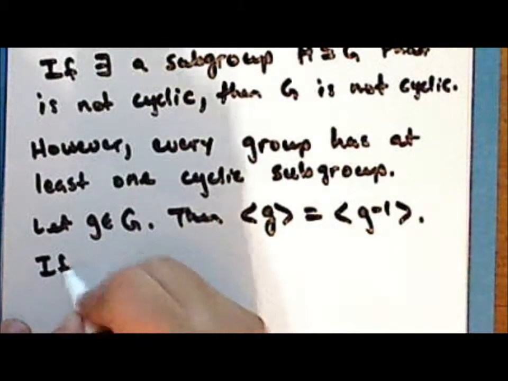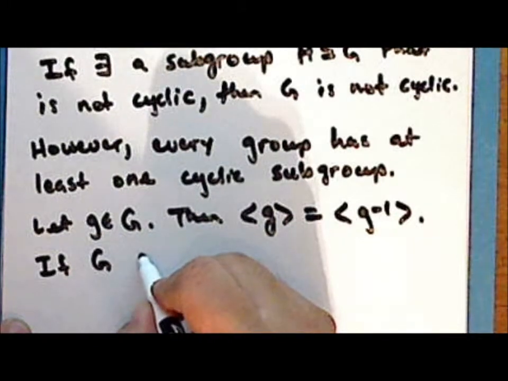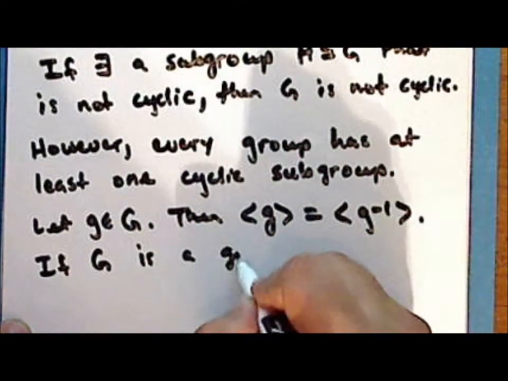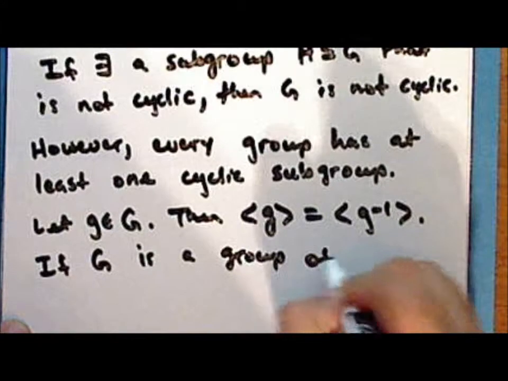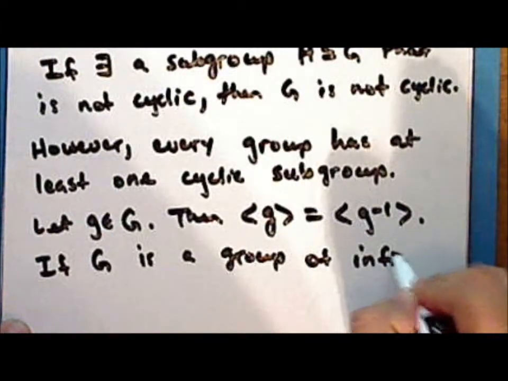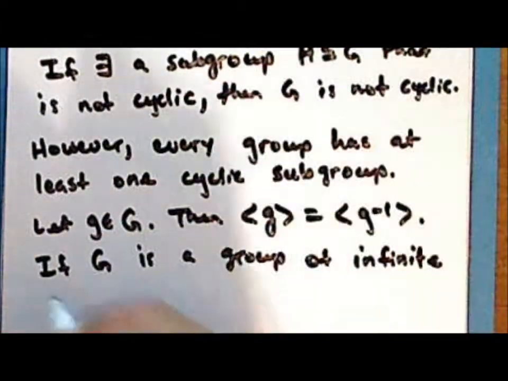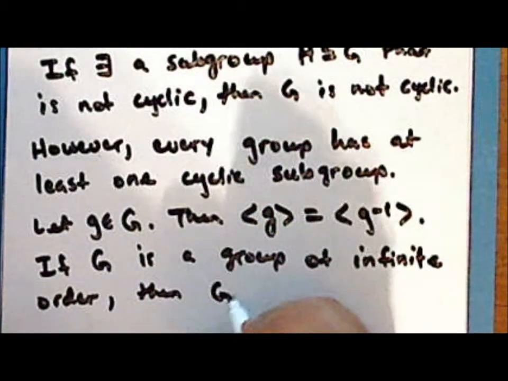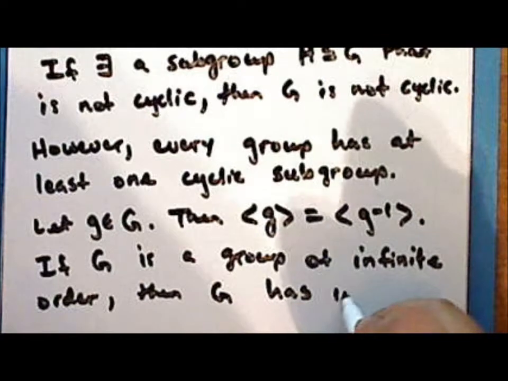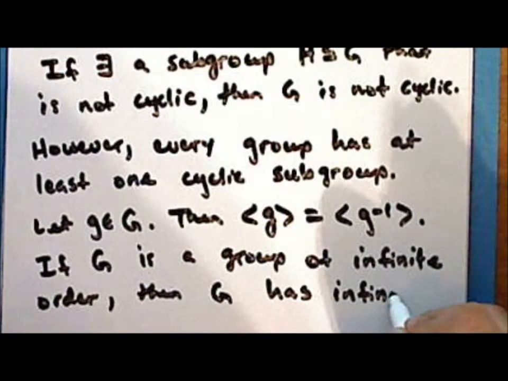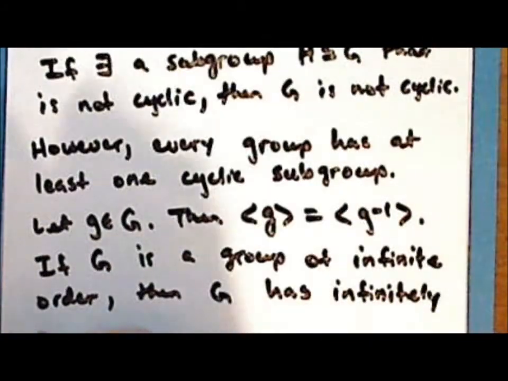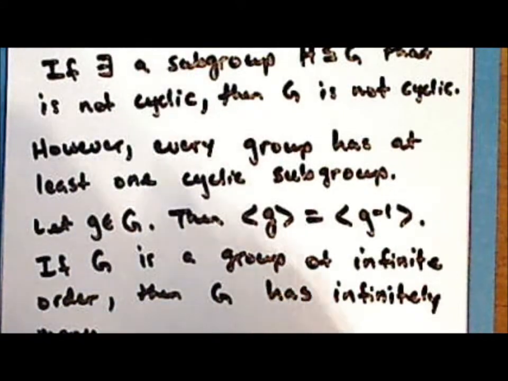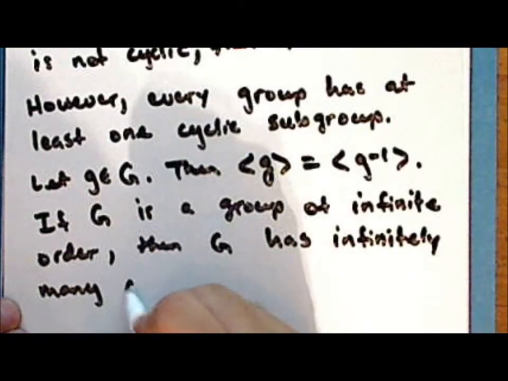And if G is a group of infinite order, then G has infinitely many cyclic subgroups.